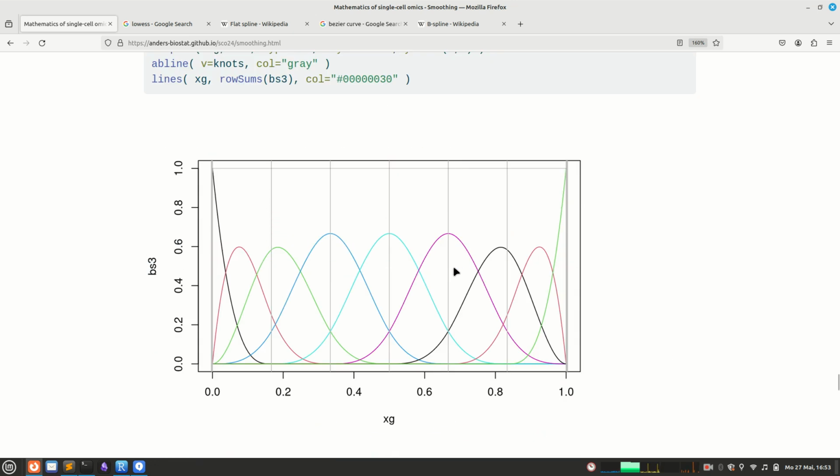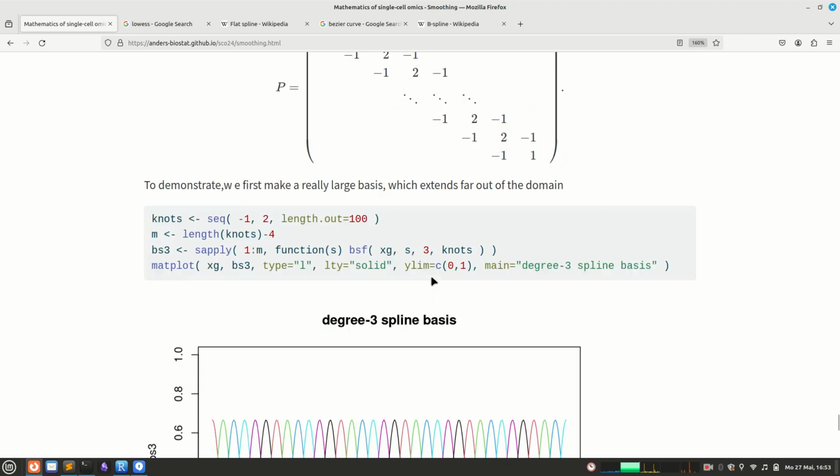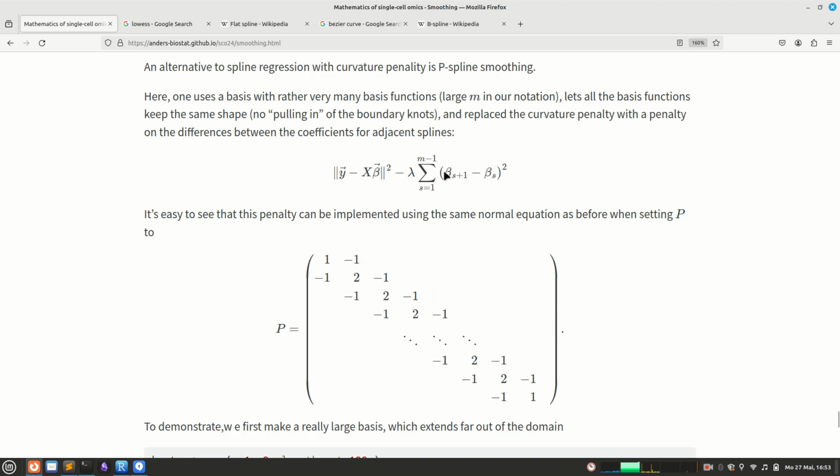That's what we do here. So I penalize with beta_{s+1} minus beta_s, always the difference between the coefficients of two neighboring splines.